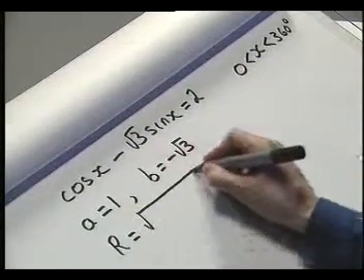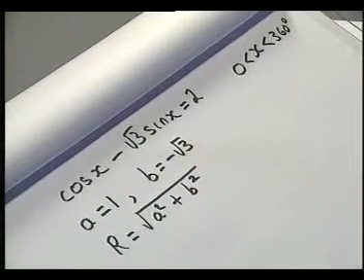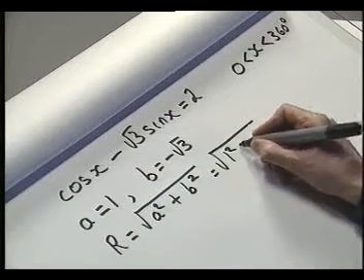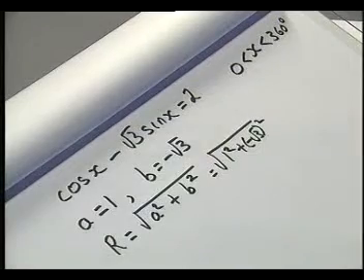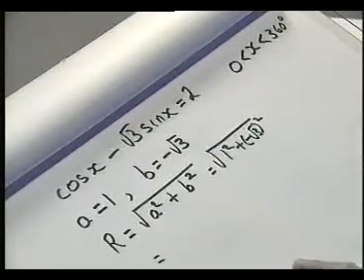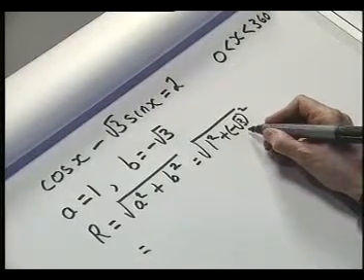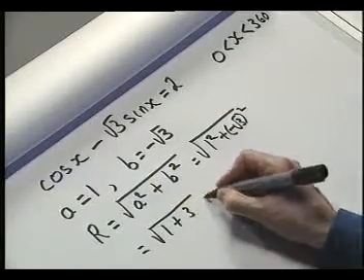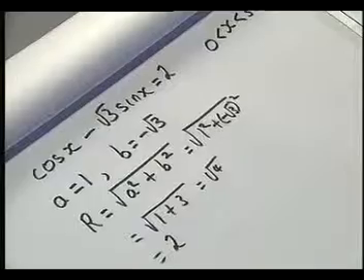R will be the square root of a squared plus b squared, which will be the square root of 1 squared plus minus root 3 squared. Well, 1 squared is 1, minus root 3 squared is 3, so it's the square root of 1 plus 3, which is 4, and so R is 2.